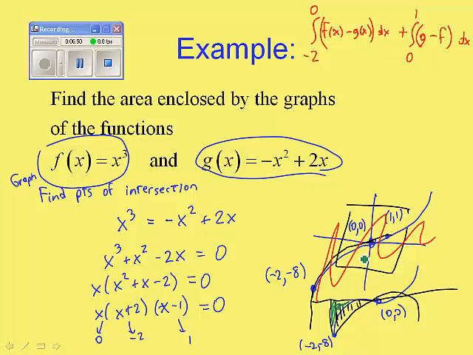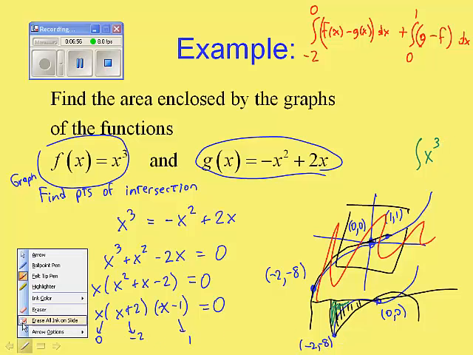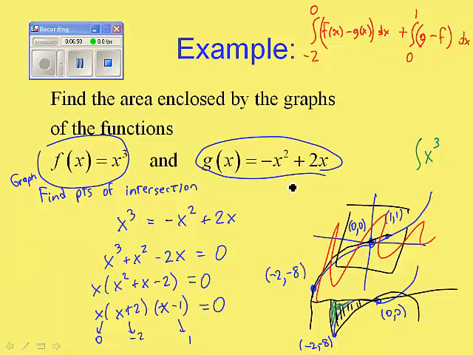Now, how do you find the area of the green? Well, you integrate the cubic. How do you find the area of the black? You integrate what? You see what I'm doing? How do I find the area of this black? You integrate the parabola, -x squared plus 2x.